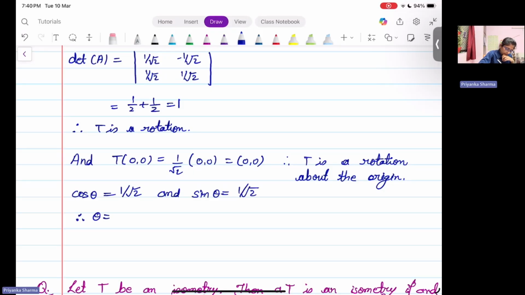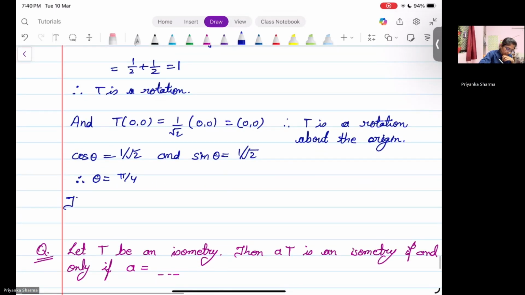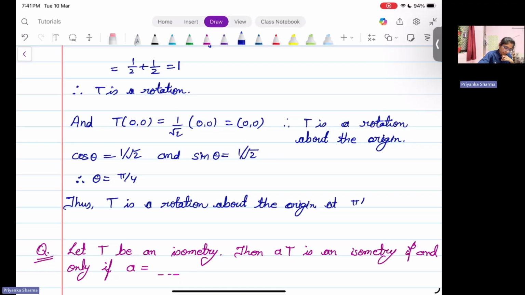Therefore, theta is pi by 4. Thus, T is a rotation about the origin at the angle pi by 4.